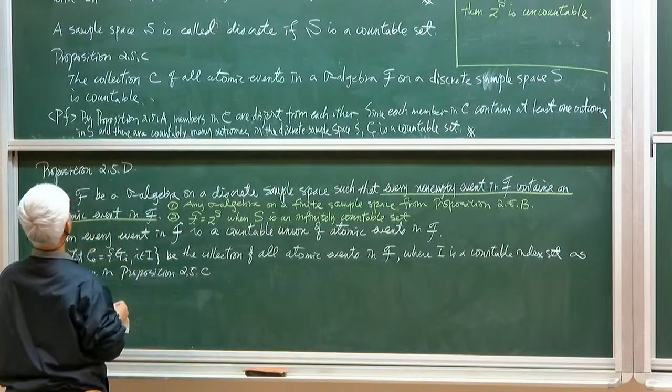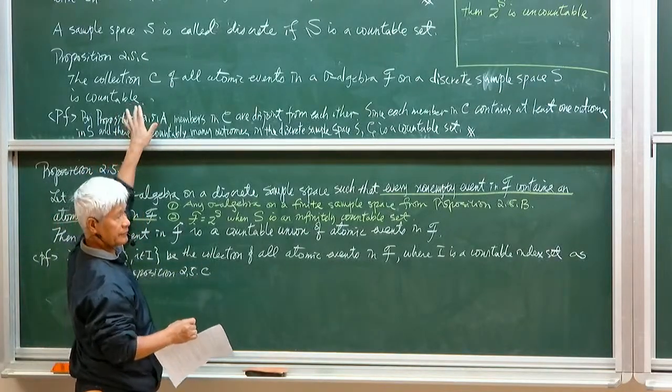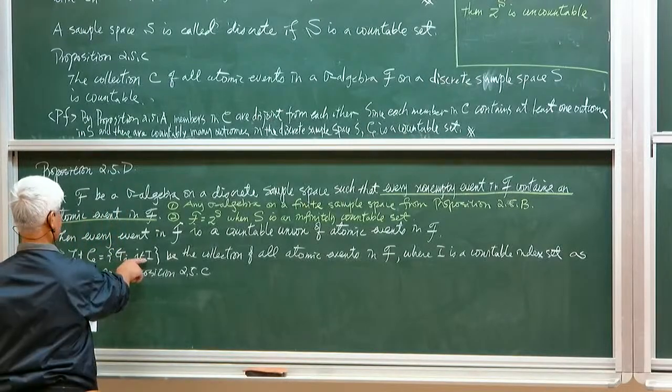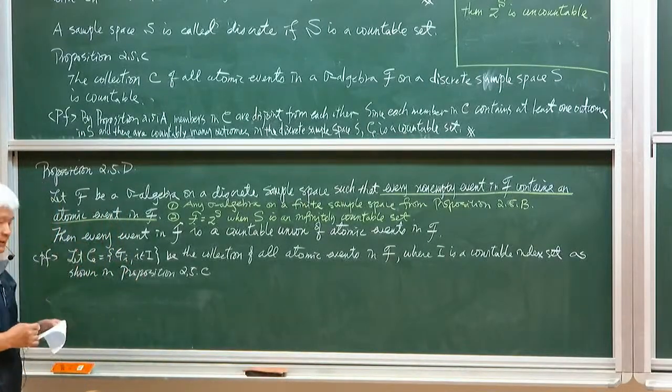So we already proved that this collection C is countable, so the index set is a countable set.